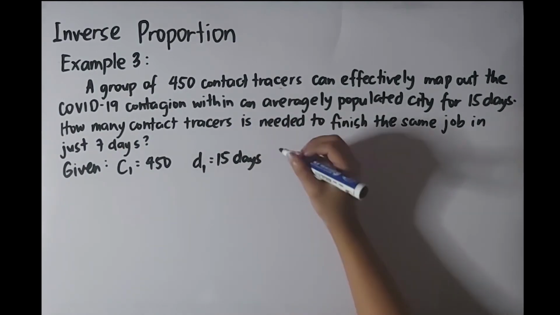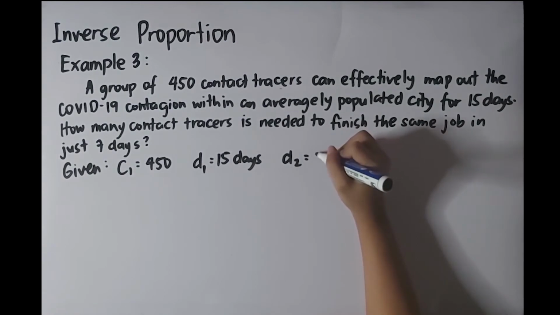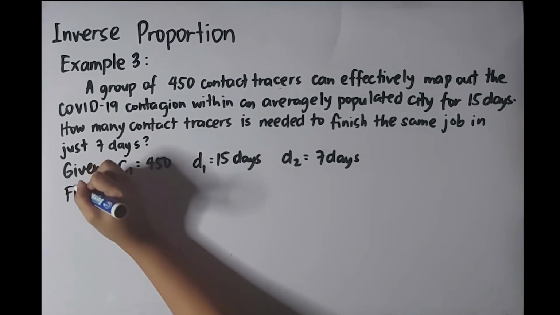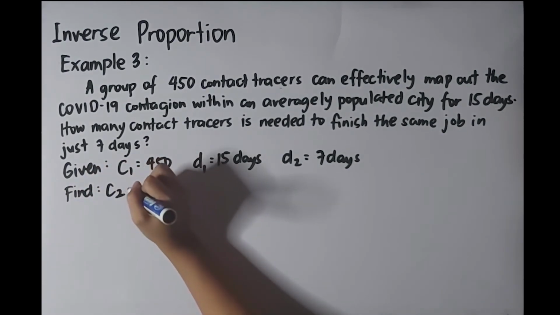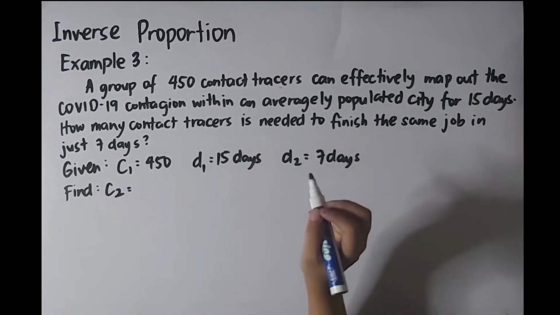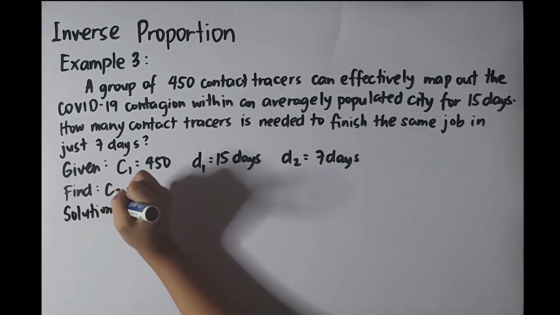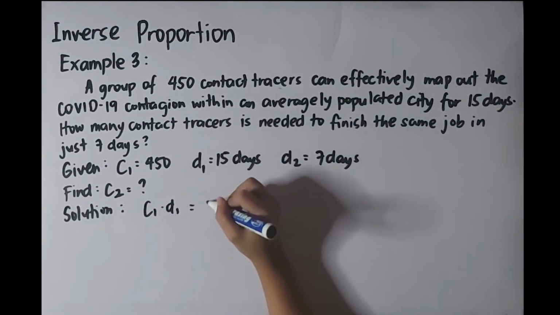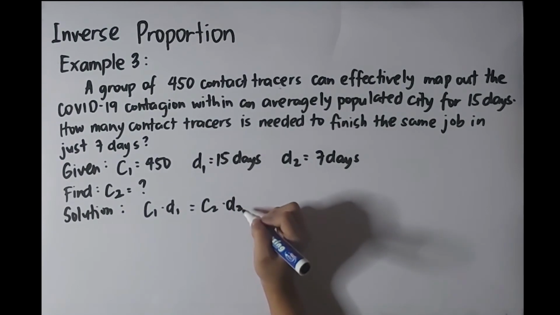Another given, we have the number of days D2, which is 7 days. So we are looking for the number of contact tracers who can be a group and finish the job in just 7 days. So let's solve. Let's have C1 times D1 equals C2 times D2. So since we are looking for C2, let's just substitute our values.